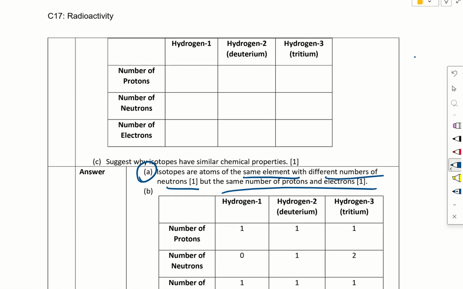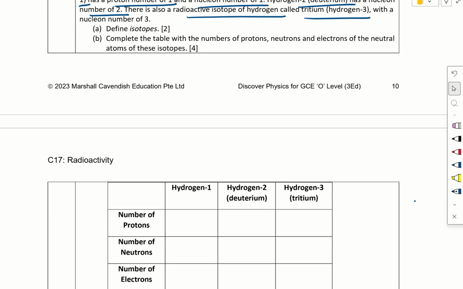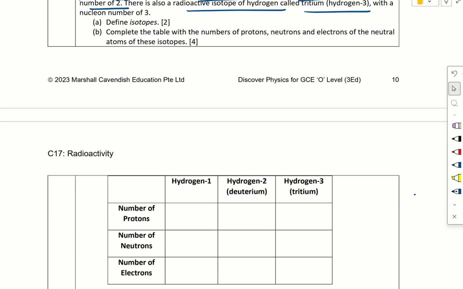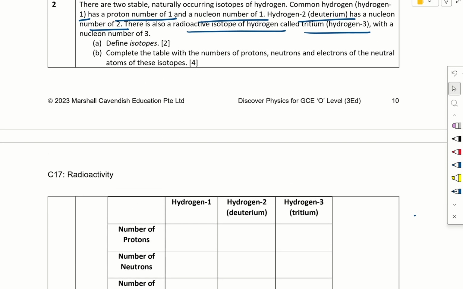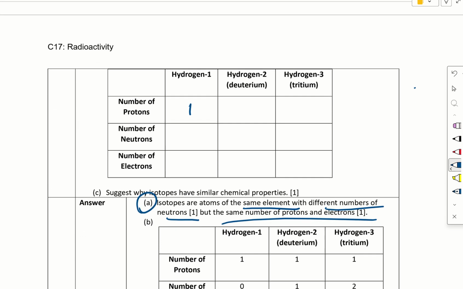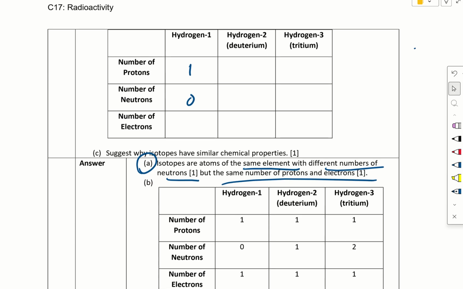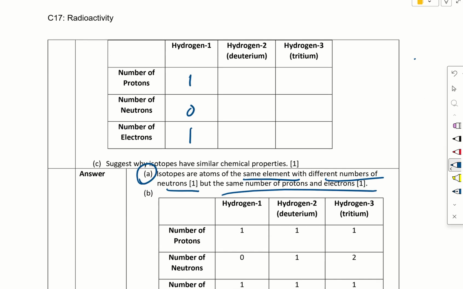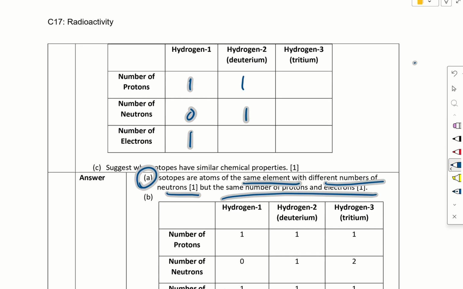So let's look at part B. They want us to fill up the table with the number of protons, neutrons, and electrons of the neutral atoms. So for hydrogen it is 1, 0, 1. For hydrogen-2, the number of neutrons is 1, so 1, 1, 1.